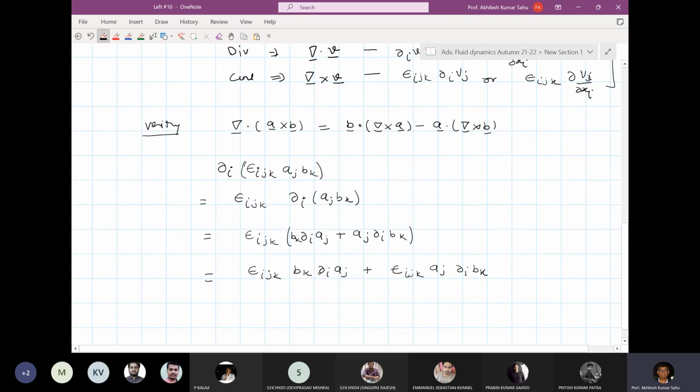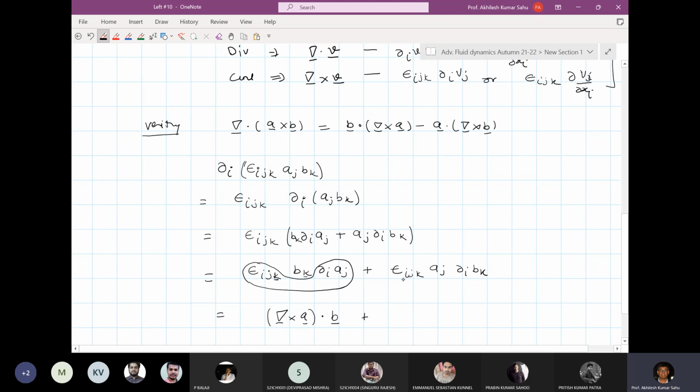So I have epsilon ijk partial i aj. Here i is appearing before j, so it will be del cross a. And the index k and index k here are the same, so this whole thing is getting dotted with b.